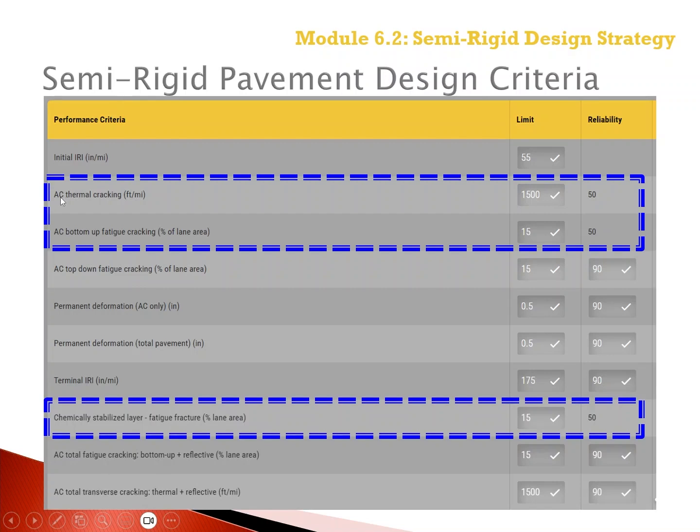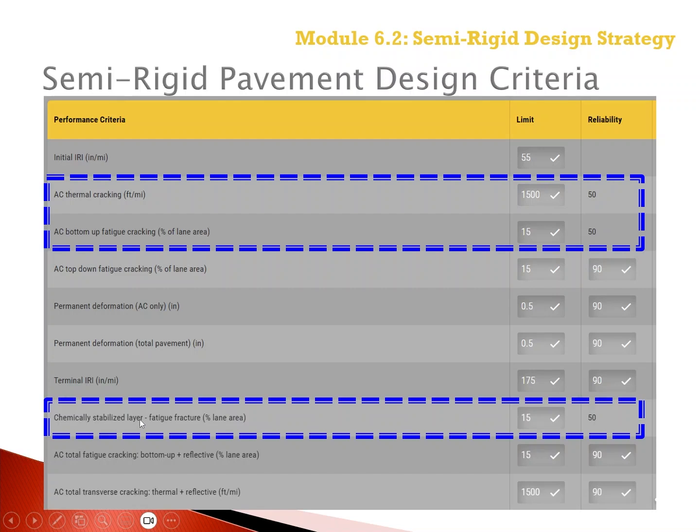So it's not applied to the individual new thermal cracks. The reliability is not applied to bottom-up fatigue cracking only in the asphalt layer, and it's not applied to only fatigue cracks in the chemically stabilized layer.